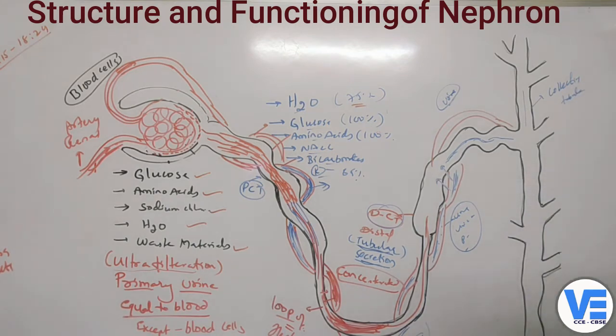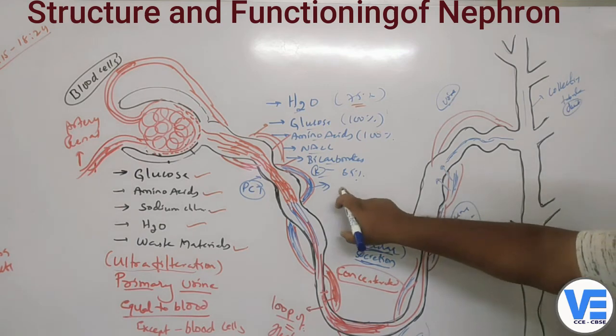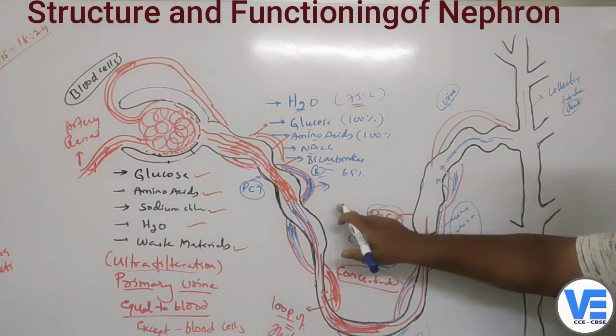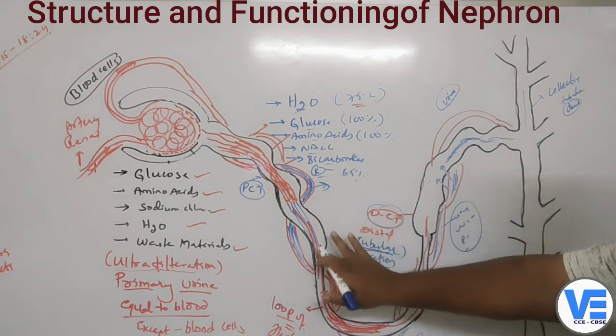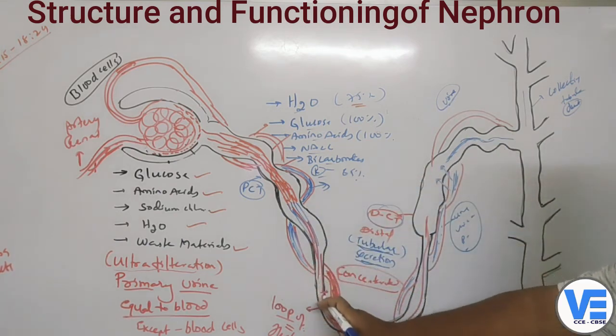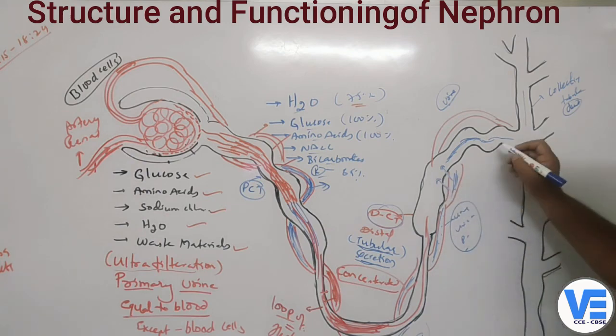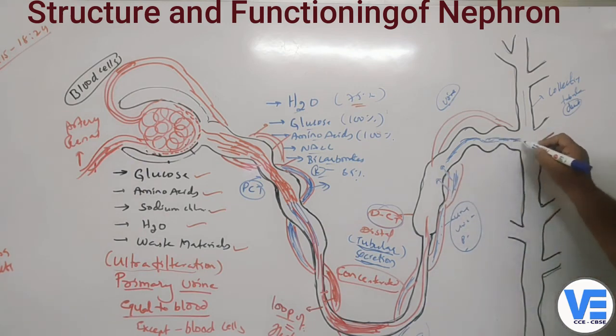Now why is it called the collecting tubule, or the collecting duct? Because this particular nephron I'm talking about is connected to this, and the things which are there in this nephron are being sent into the collecting duct.